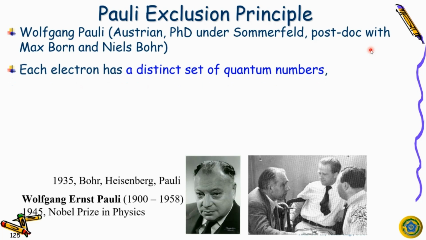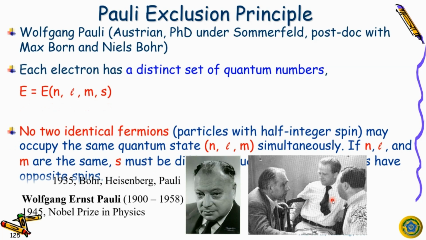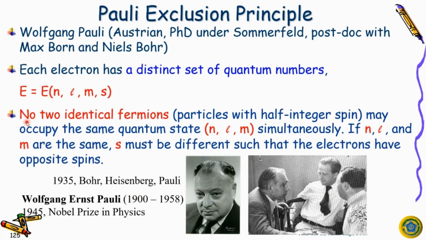He thinks that each electron has a distinct set of quantum numbers, so he invented the 4th quantum number, s. He thinks that no 2 identical fermions, the particles with half-integer spin, may occupy the same quantum state simultaneously.